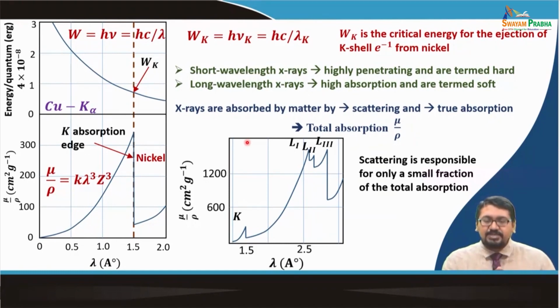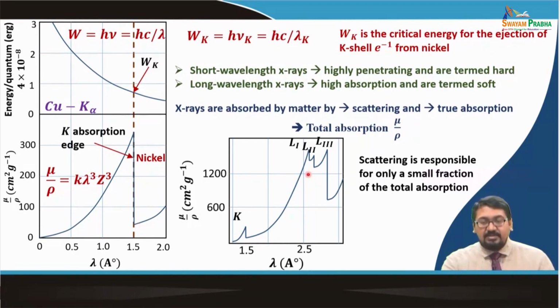So, what we mean to say here is that when radiation of sufficient energy, equivalent to that critical K absorption edge or K excitation energy, is incident on another material, say nickel in this case as an example, then the K absorption edge is always there, which shows a higher mu by rho at a certain wavelength.